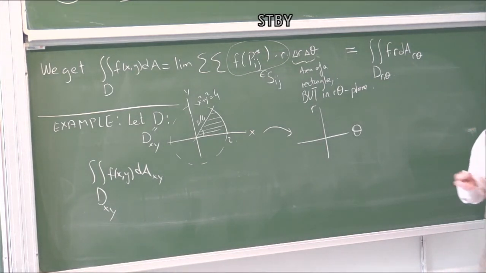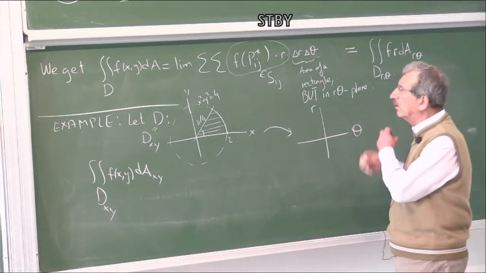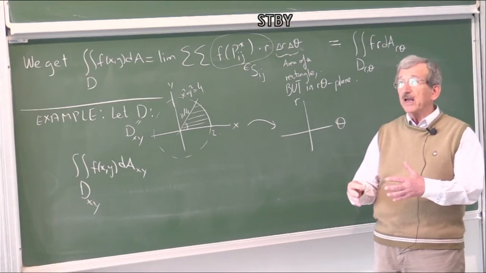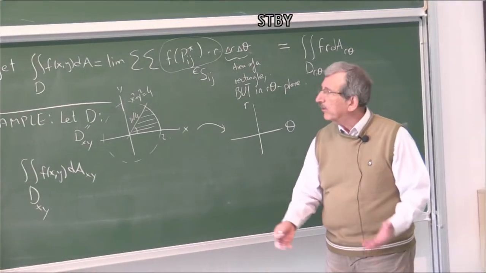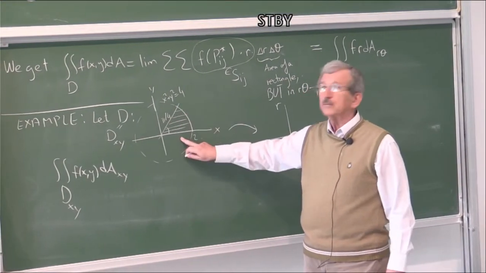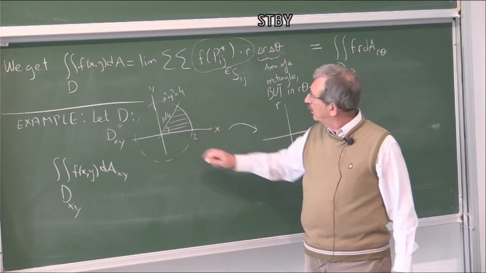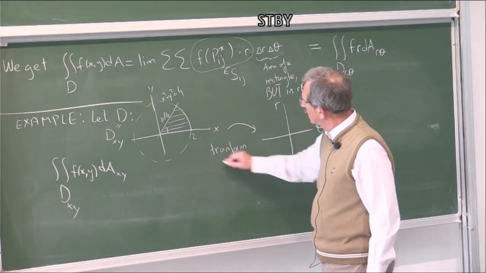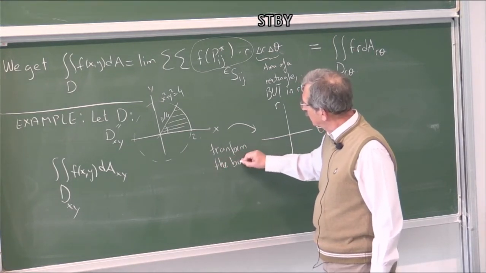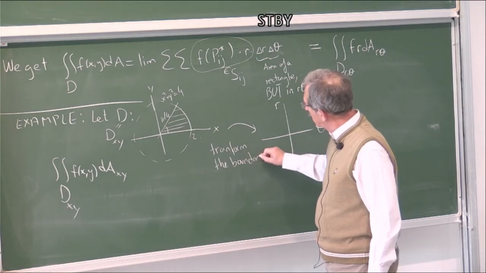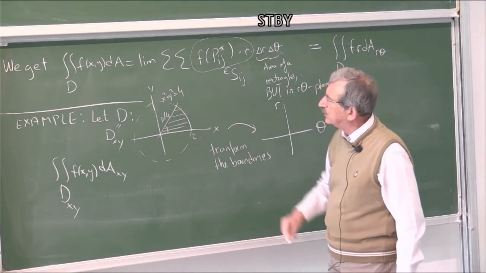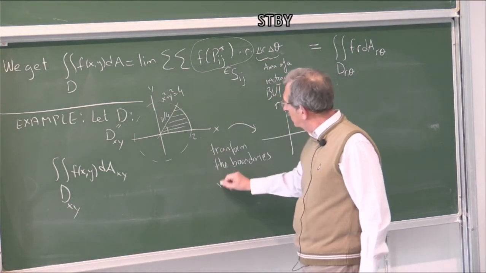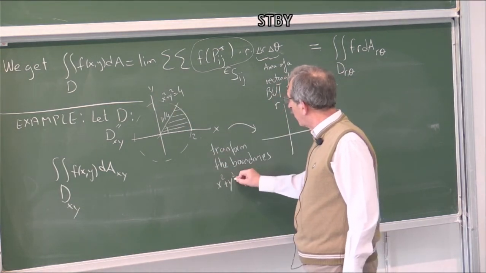Now, how do you transform a region to a new coordinate system? Well, the region is bounded by and determined by its boundaries. So, transform the boundaries. And what are the boundaries here? Well, we have x squared plus y squared is 4.